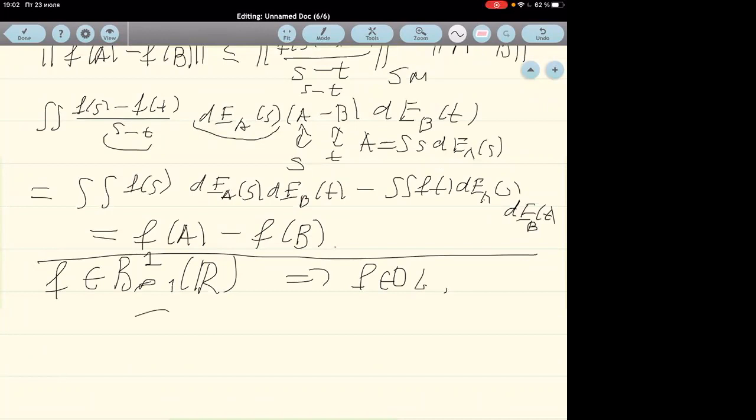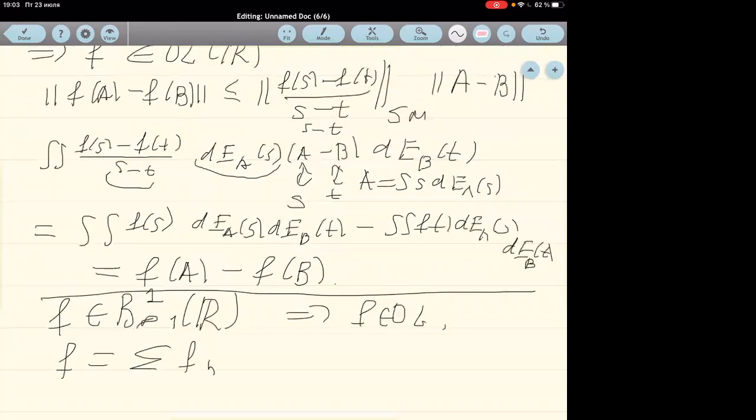The idea is the following: we can represent f as the sum of the functions f_n, such that f_n has Fourier transform supported in the interval minus 2 to the n, 2 to the n. And then I proved that in this case, f_n of S minus f_n of T has the following estimate of Schur multiplier norms.